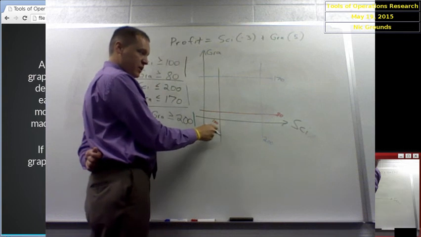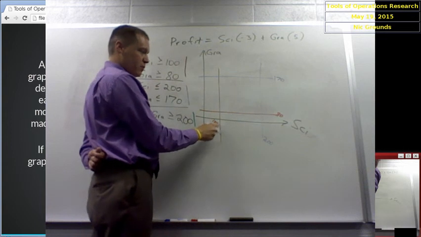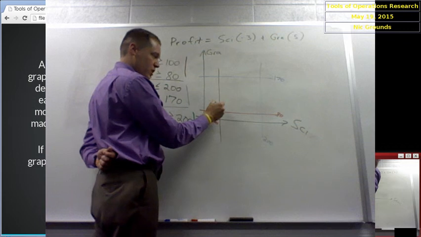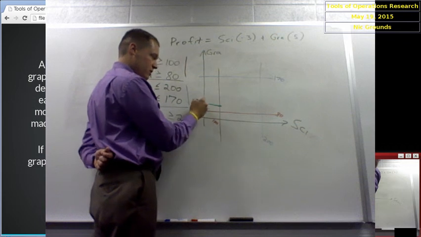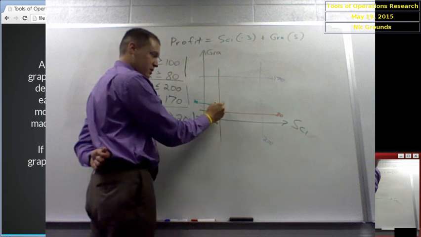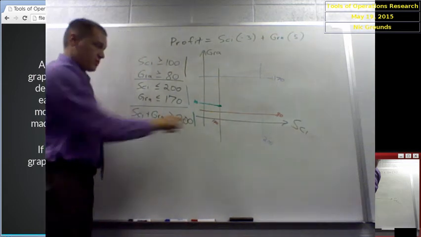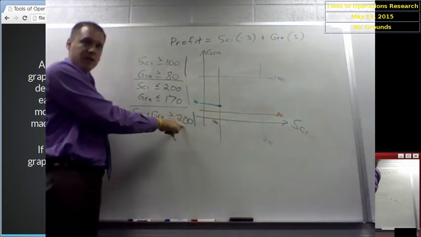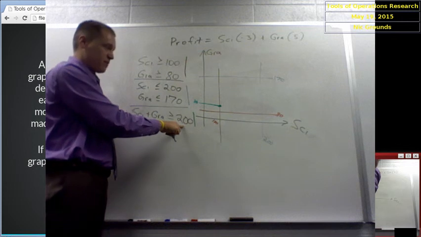We want to sell at least 100 scientific calculators. We would have to sell 100 graphing calculators as well, because 100 plus 100 would be 200. We have to have at least that many.